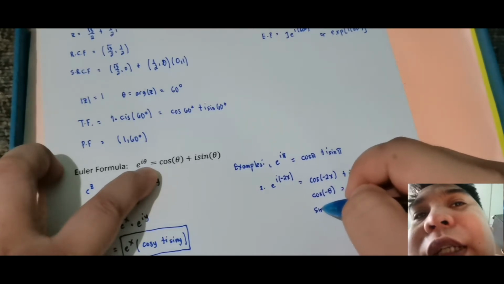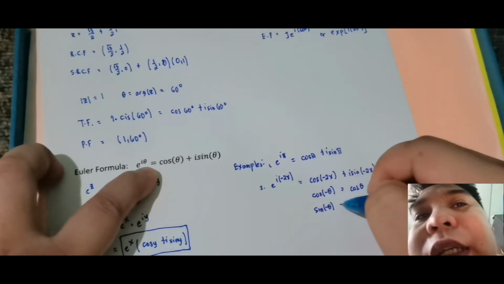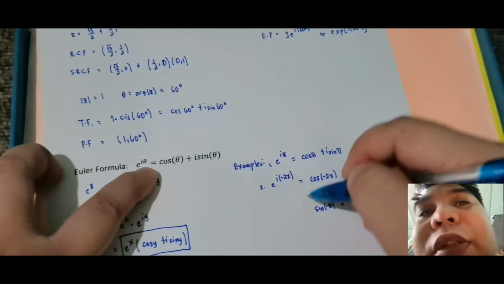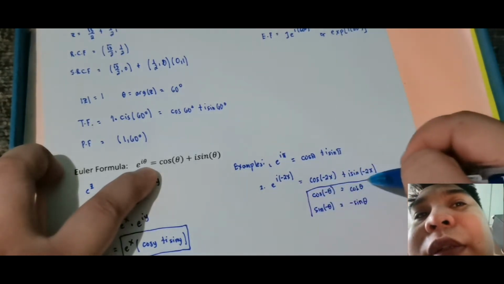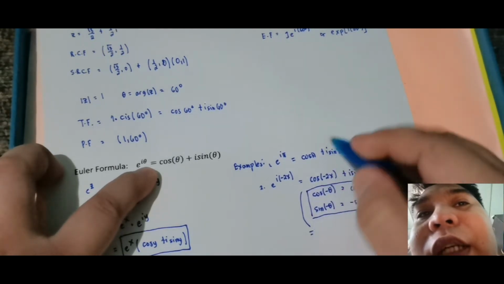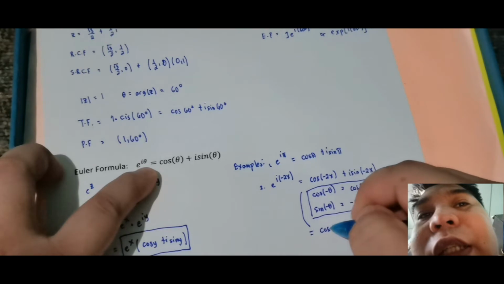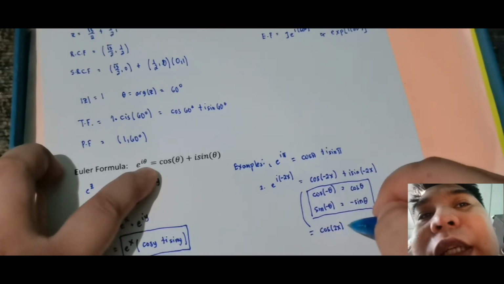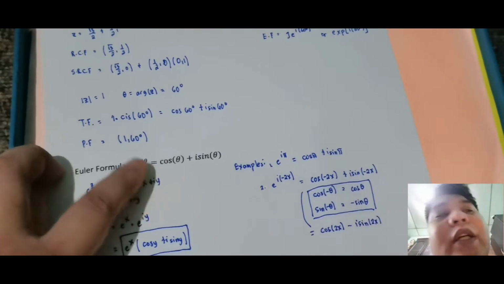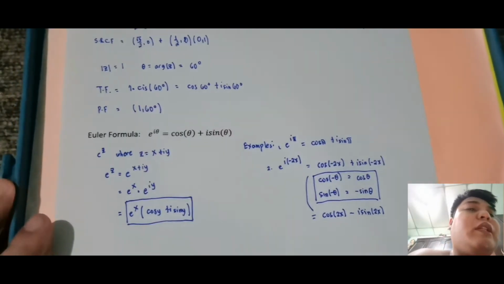Another, yung sine ng negative theta ay equal sa negative sin theta. So, apply natin yung dalawang identity na yan. Okay, sumula doon, that is equal sa cosine 2x, then minus I sin 2x. So, tandaan, lagi lang apply yung identity na yun sa taas.